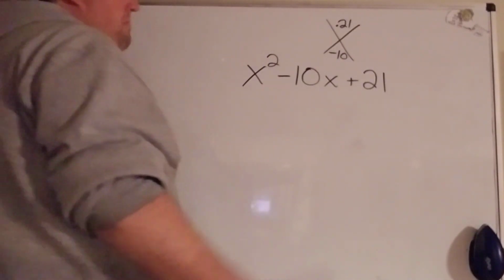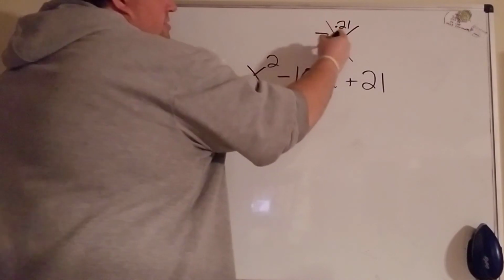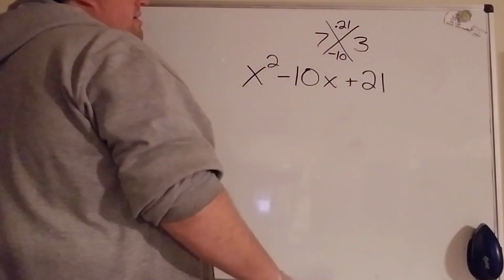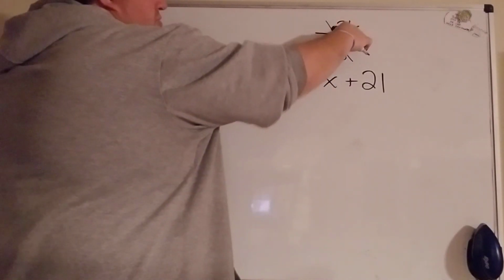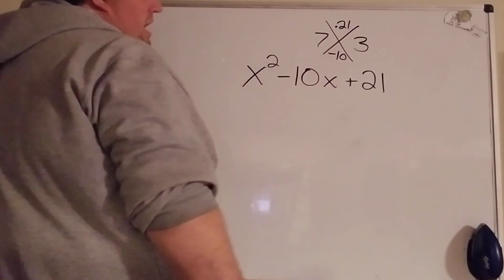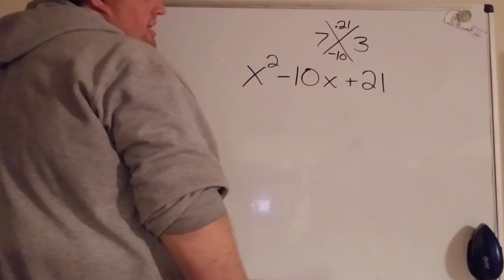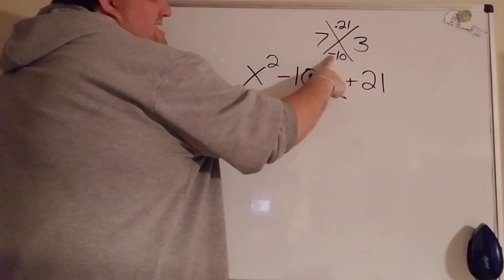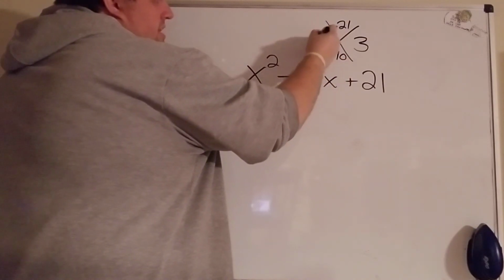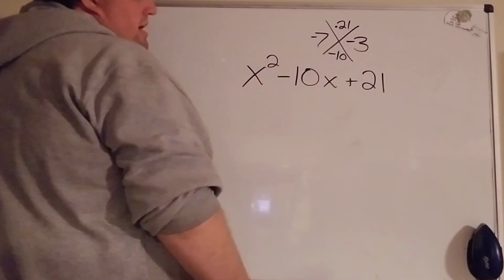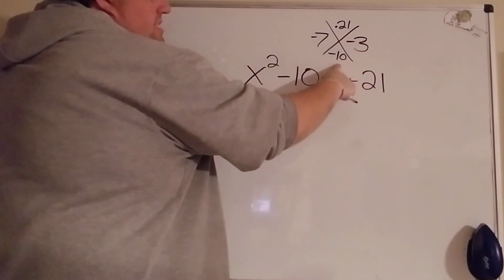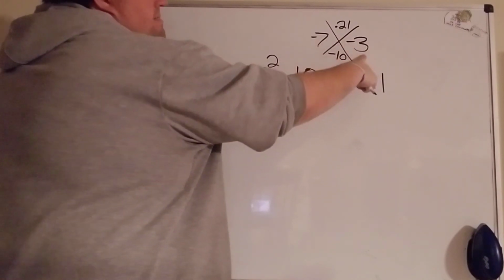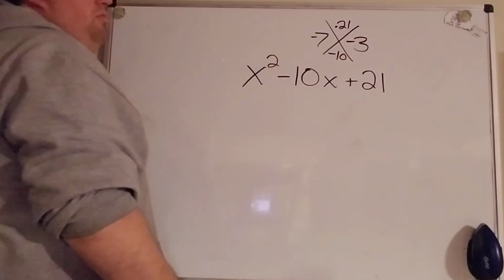Well, I don't know about you guys, but multiply to give me 21 makes me think 7 and 3. They multiply to give me 21. Do they add to give me negative 10? Well, depends on their signs, right? In order for it to get to negative 10, I think they would both have to be negative, right? Negative 7 plus negative 3 is negative 10. Negative 7 times negative 3 is going to give you positive 21.